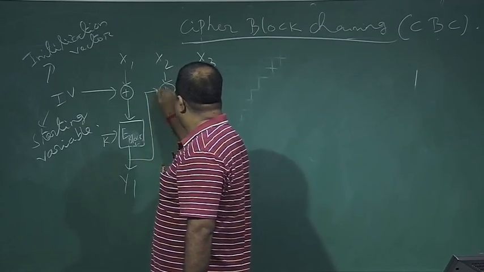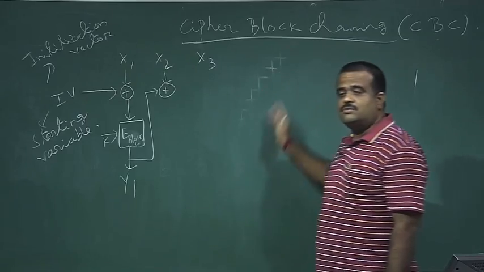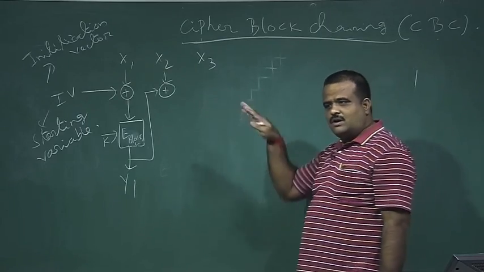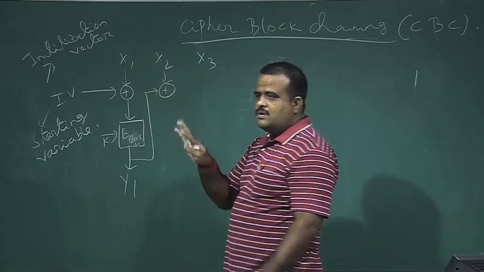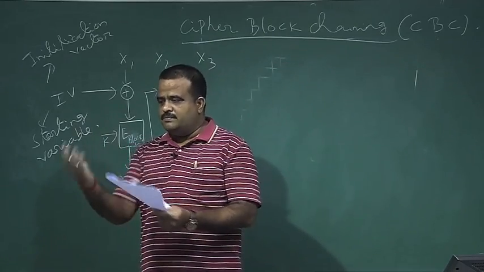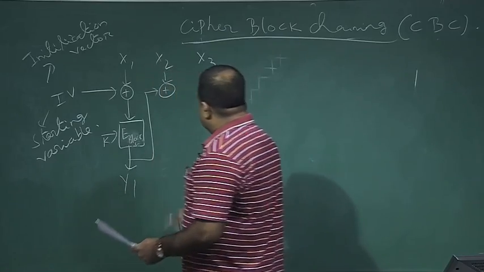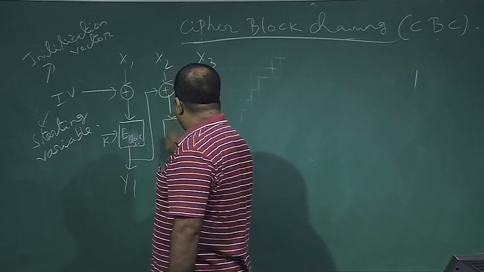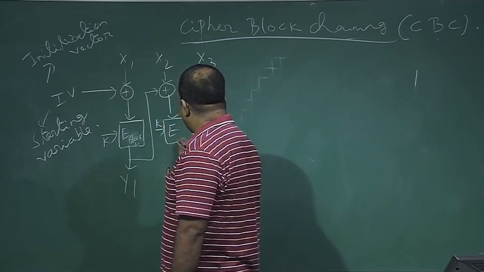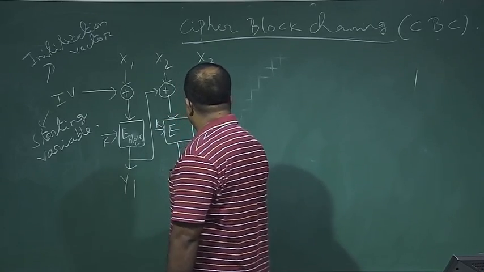And this Y1 will give the feedback over here in order to avoid that penguin picture, because if we give the feedback, then it will not give us the same value for the same input. So, then we encrypt this using the same key and get the Y2.